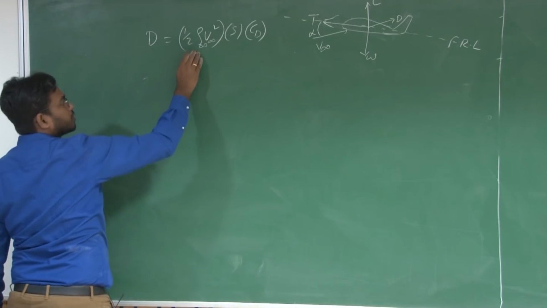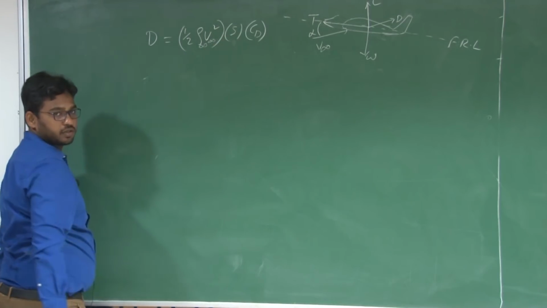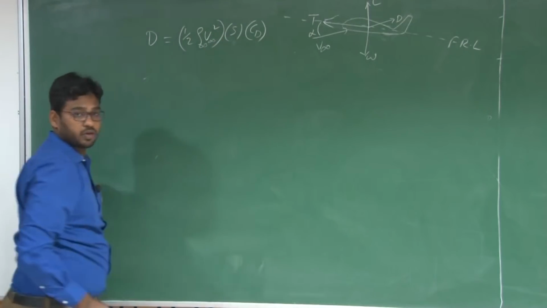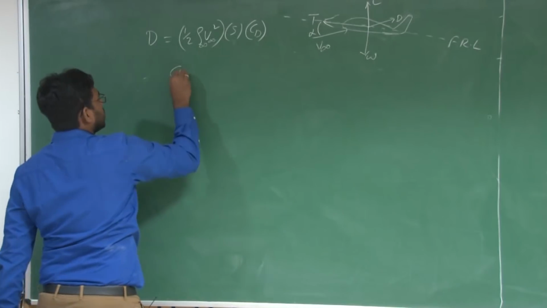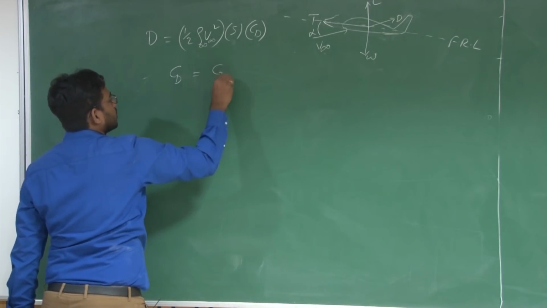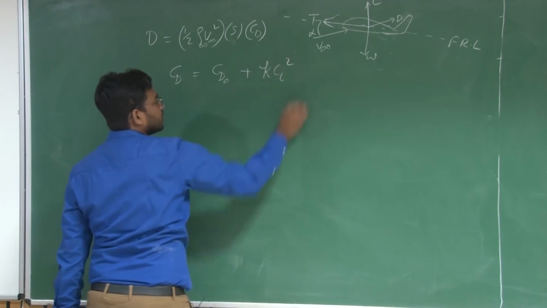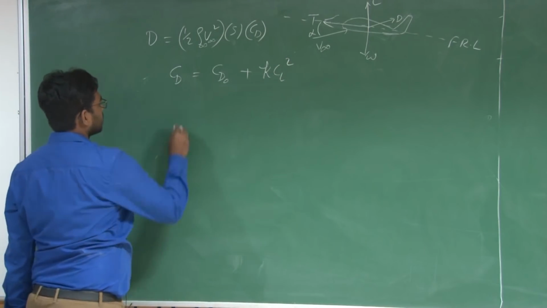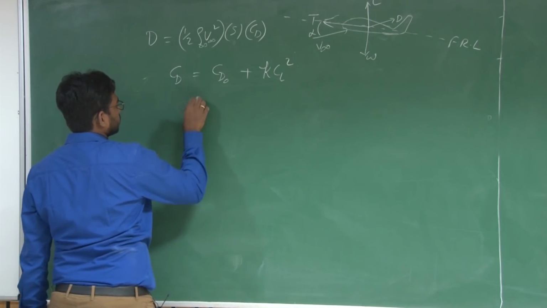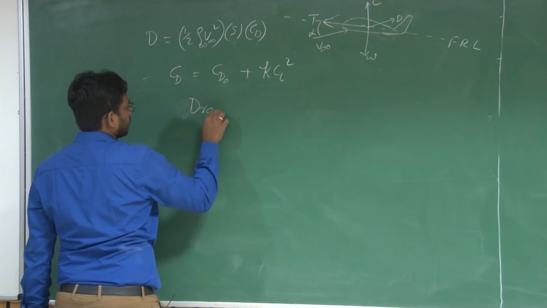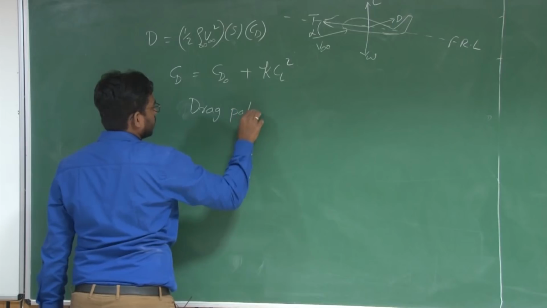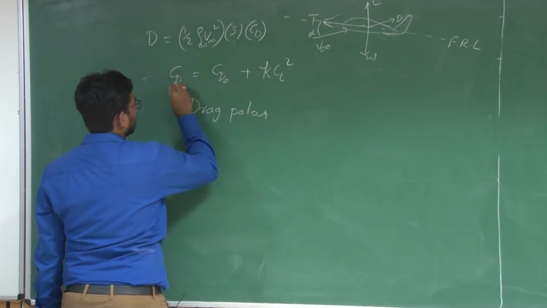So this is the dynamic pressure times the planform area and the non-dimensional drag coefficient. So this CD can be expressed as CD naught plus K CL square, which is known as the drag polar. Drag polar, right?